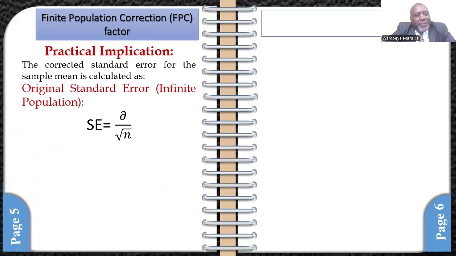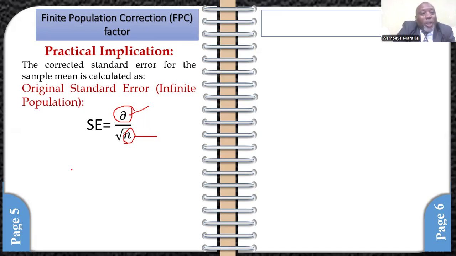And this one is given by the formula appearing on our screen. That is, standard error equals the standard deviation all over the root of the sample size, represented by lowercase n.